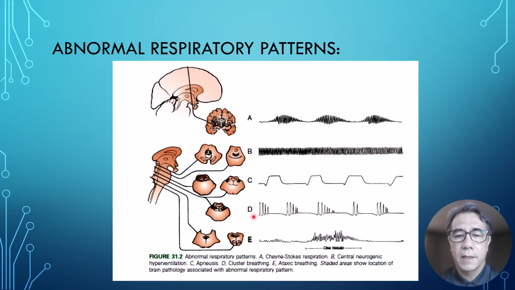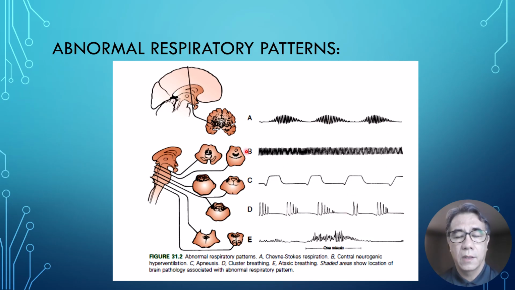So just by the pattern of breathing, you can localize what part of the brain is already herniated. For example, in Cheyne-Stokes like this, you have very fast breathing with periods of hypopnea.